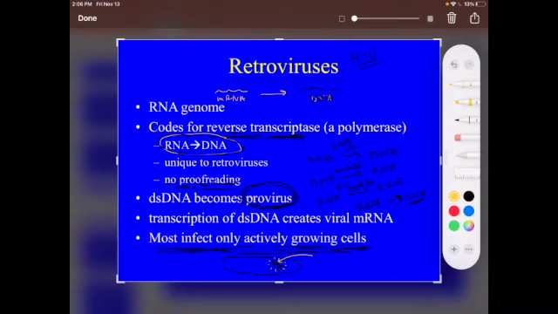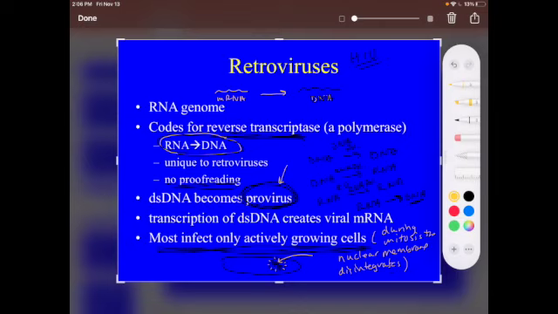Yeah. So during mitosis, the nuclear membrane disintegrates. And that exposes the chromosomes inside to getting this provirus integrated into them.